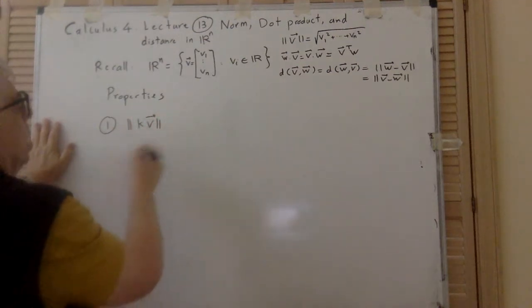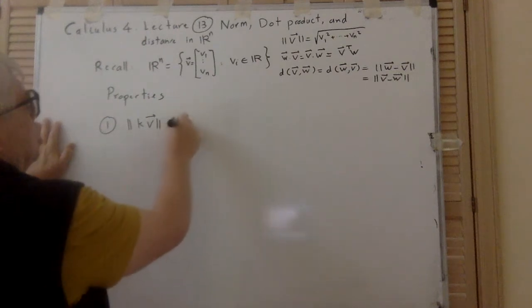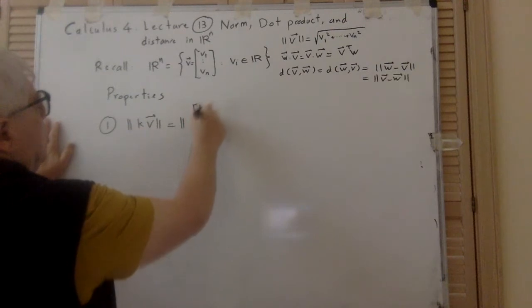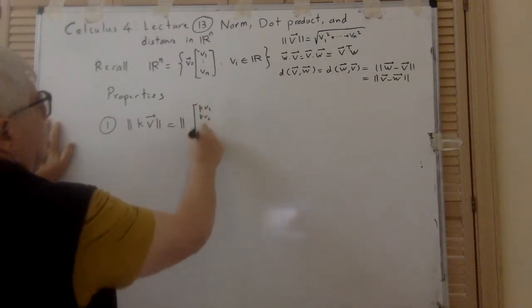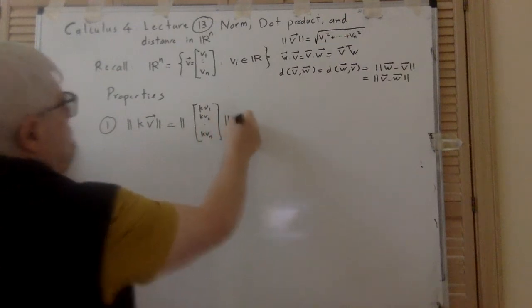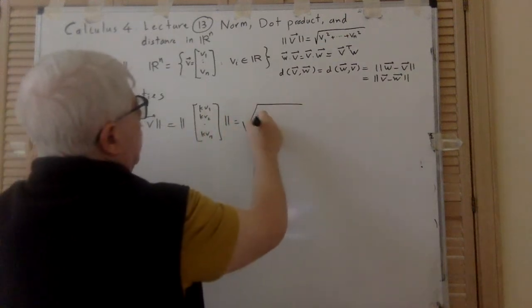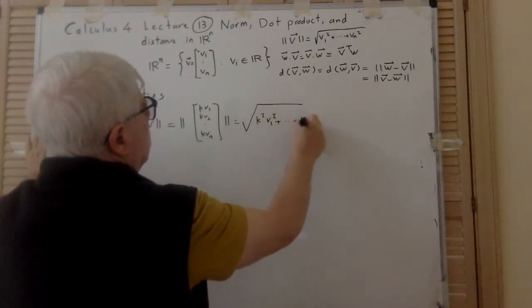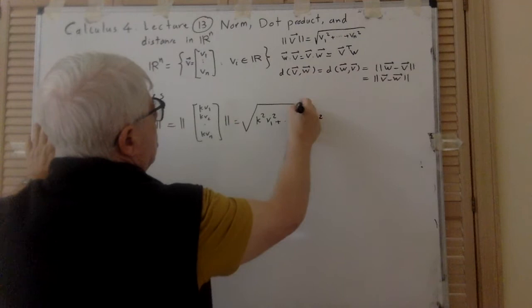This is the norm of the vector k v1, k v2 up to k vn. So it is the square root of k squared v1 squared up to k squared vn squared.